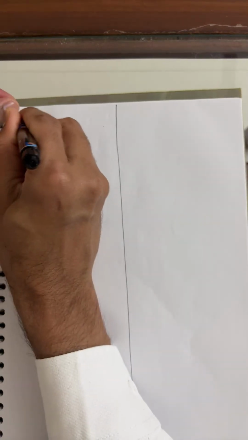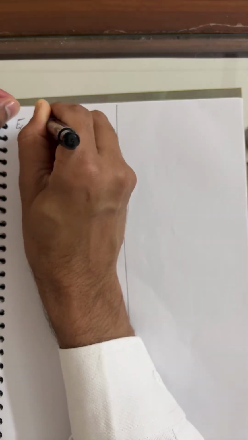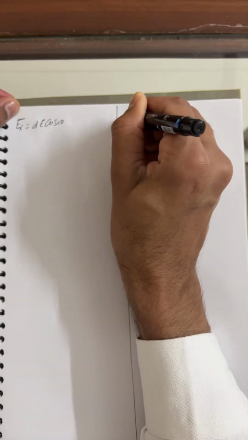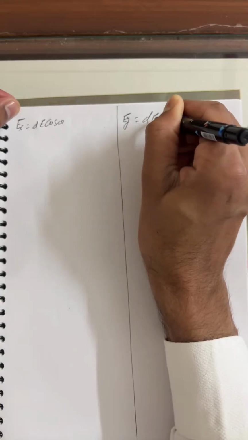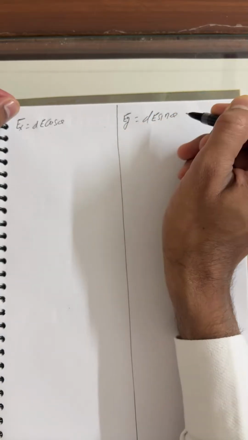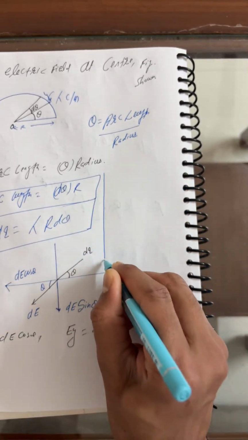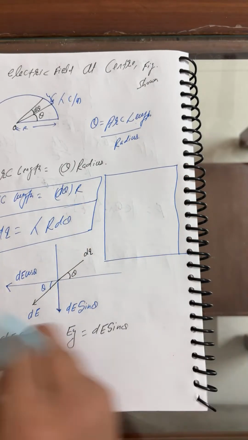So dEx is dE cos theta. dEy is dE sin theta. Now what is the condition here? dE we have to find, and I'll find dE here only.